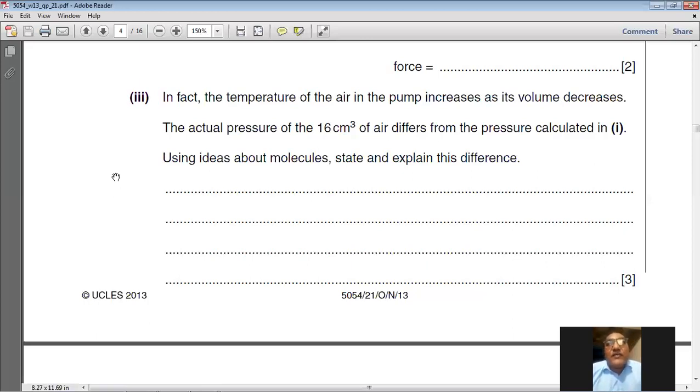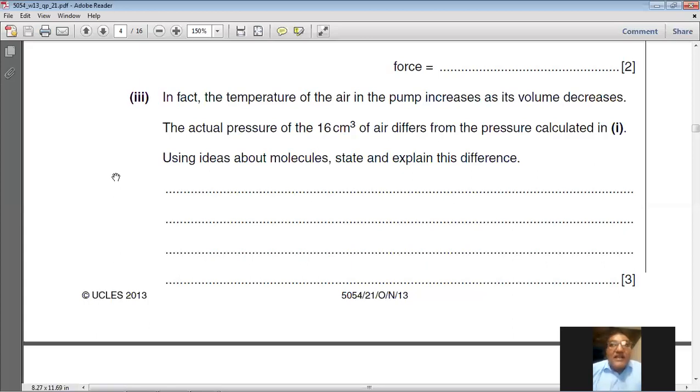What is the reason? If the volume decreases and with it the temperature also changes, now you see the air molecules will be moving at a higher speed because you have given them temperature. So they will be moving at a faster speed and will have more kinetic energy. Because they are moving faster and the volume has decreased, their collision frequency with the walls of the pump has increased.